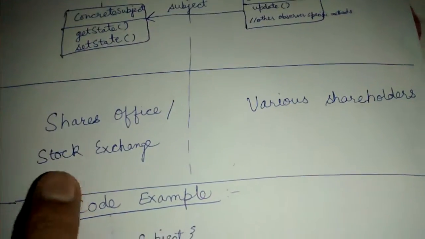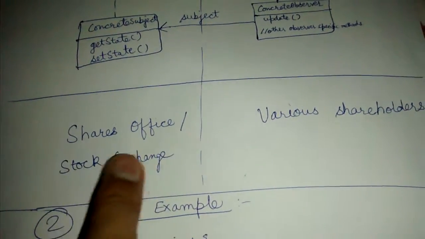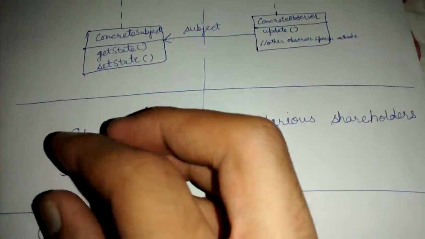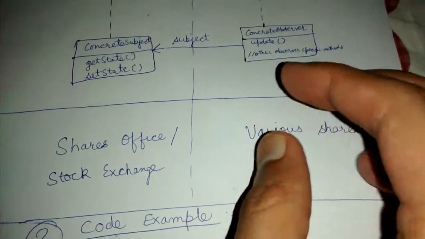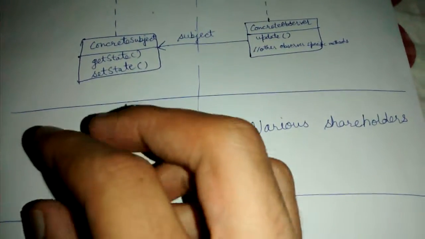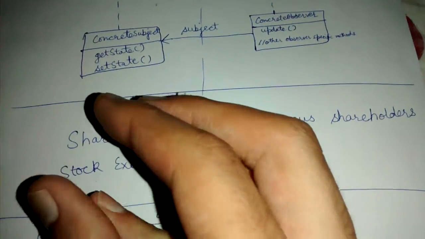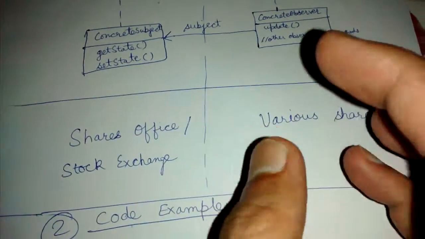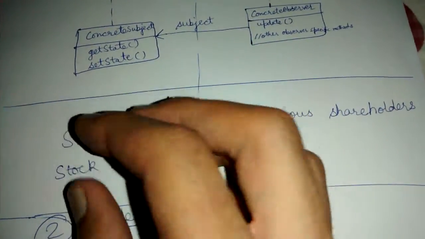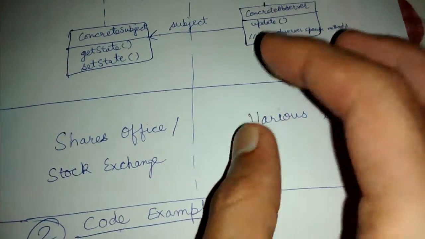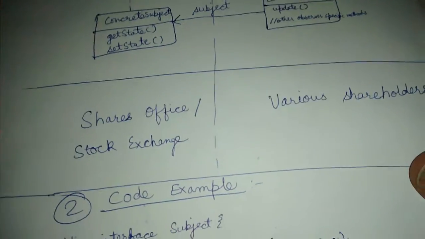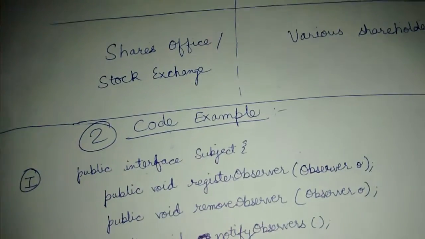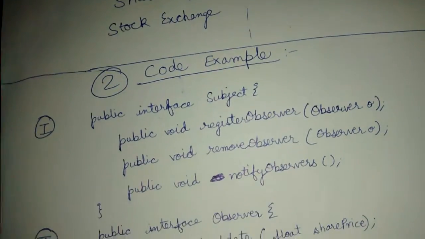A better example will be a stock exchange, and the observers are the shareholders. So whenever the price of a share increases by 10% or more, the stock exchange will be notifying all the shareholders. Okay, so this is a better example, and we have written our code around this example only.